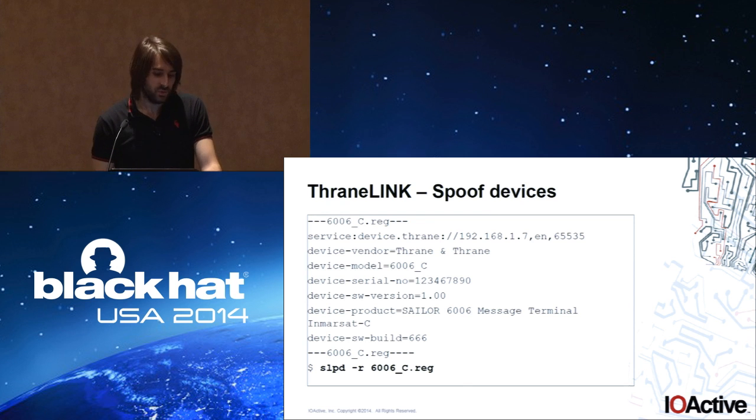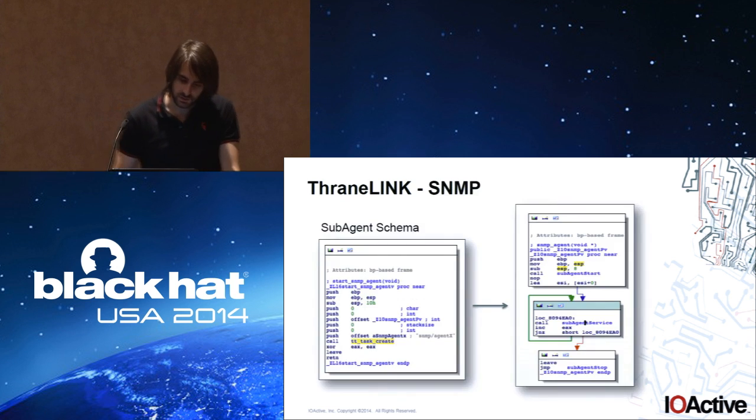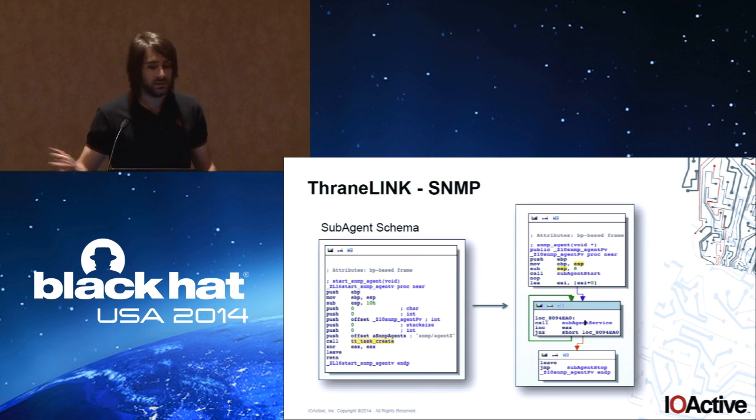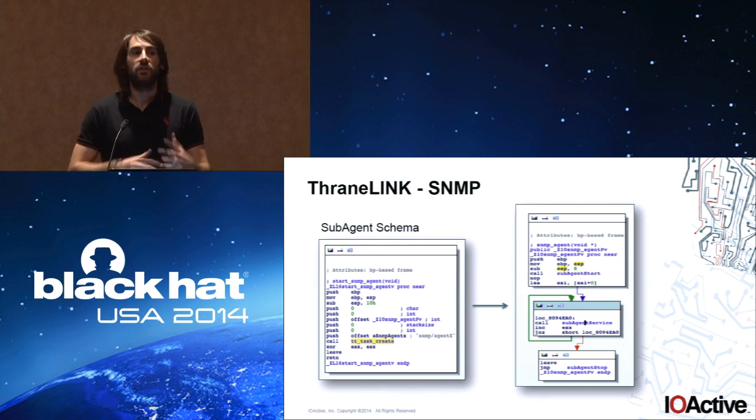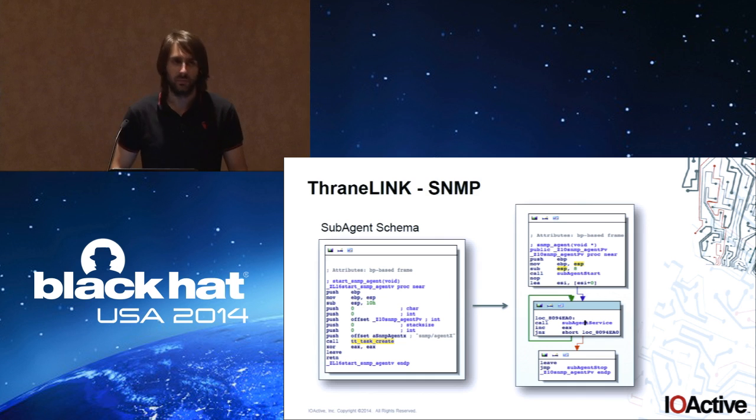So, well, you can spoof devices, yes, by using this if you want. I was analyzing several firmware from several devices, and basically there are some differences, but they use the same approach.